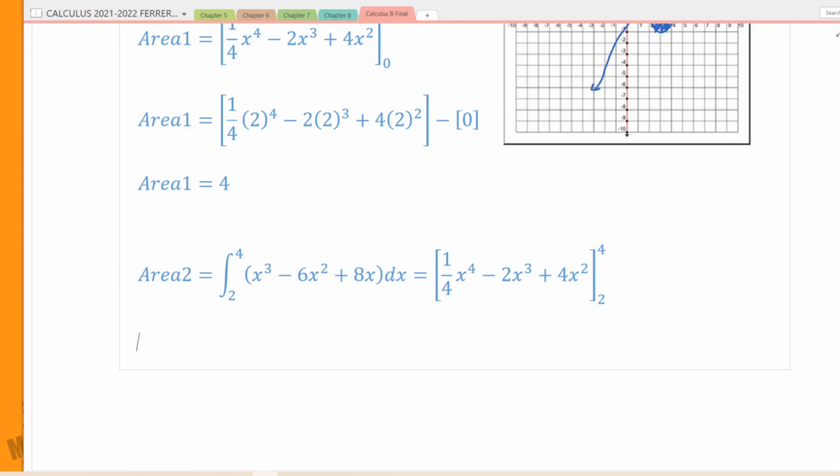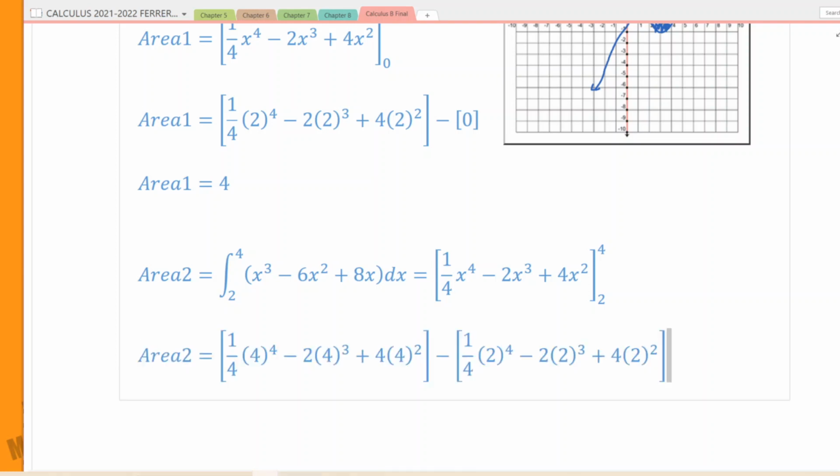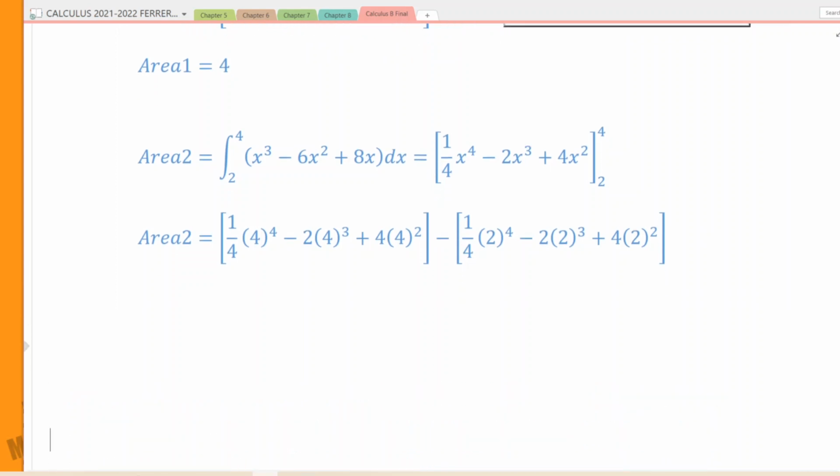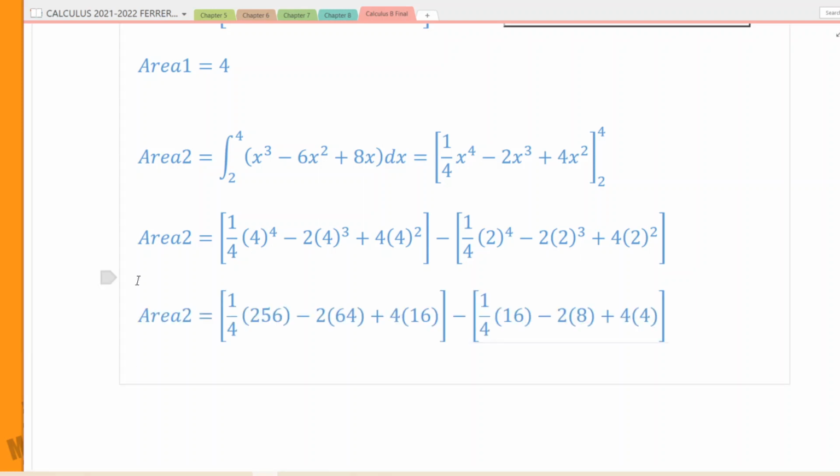We're expecting this integral to evaluate to a negative result. So we'll substitute 4 and 2 into our antiderivatives, and then we'll evaluate. We'll do the exponents first.